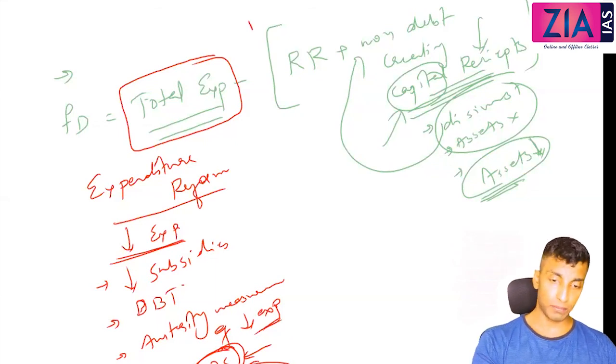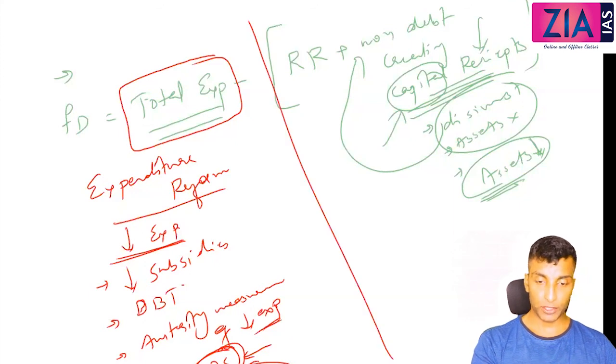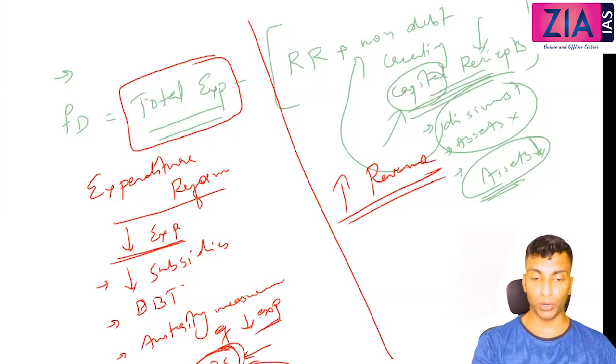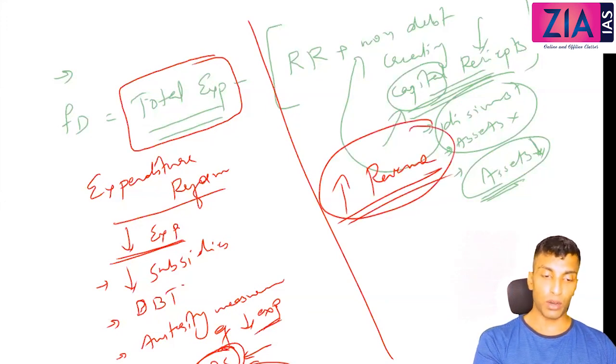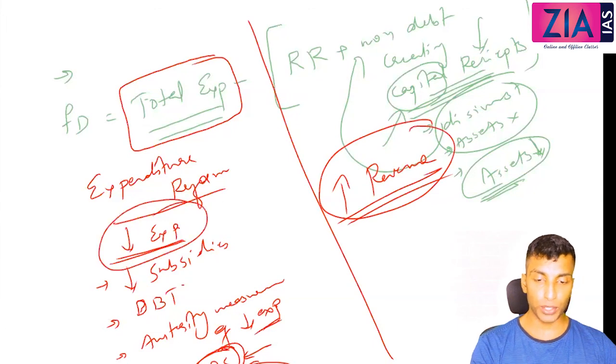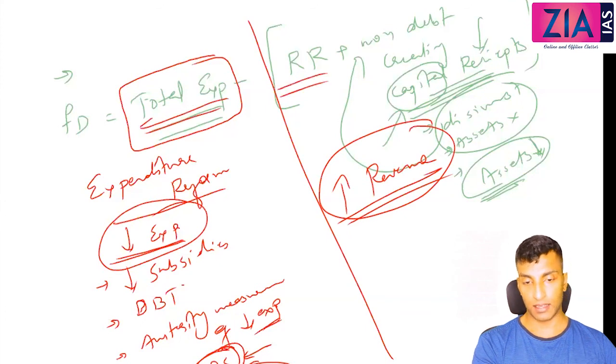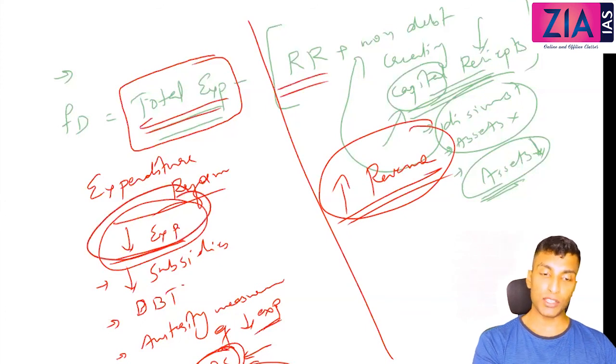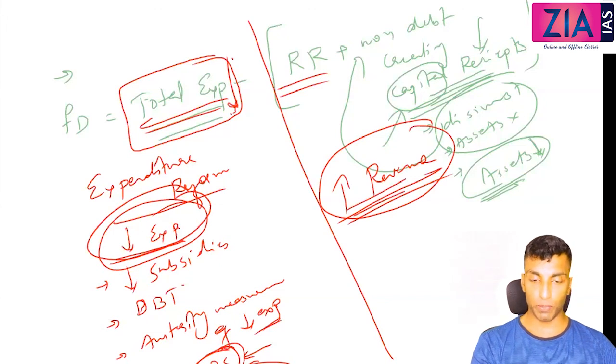What about this side? With respect to revenue, what do you need to do? Increase revenue. Mainly these are the two things: you increase revenue or reduce expenditure. This is what you need to do ultimately to reduce the deficit. Deficit is this difference, expenditure minus receipts. So either decrease the expenditure, or increase this revenue part.